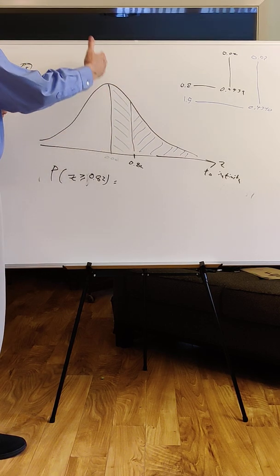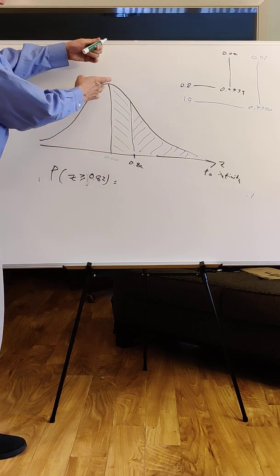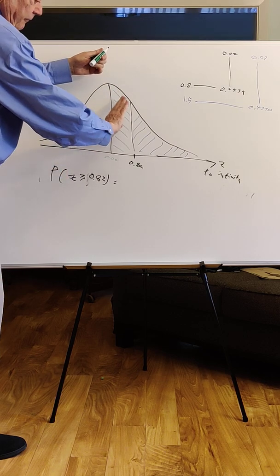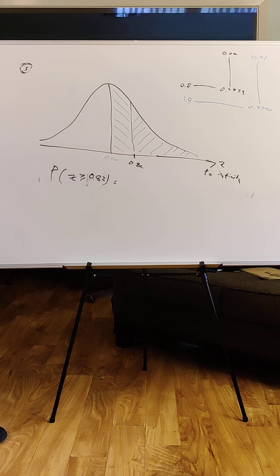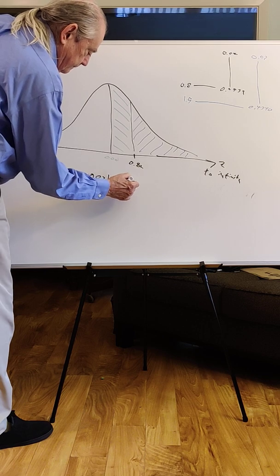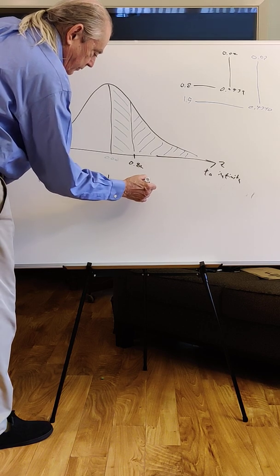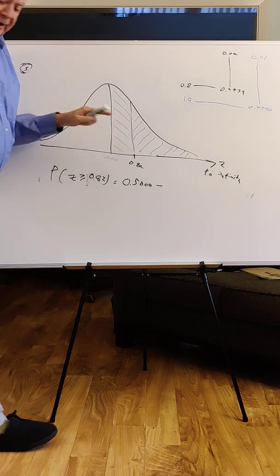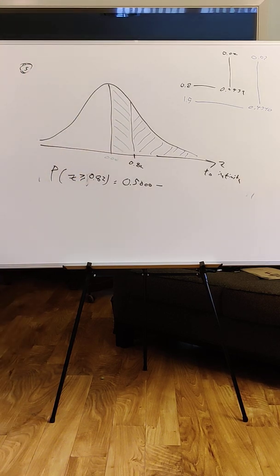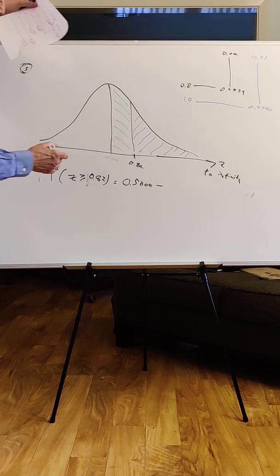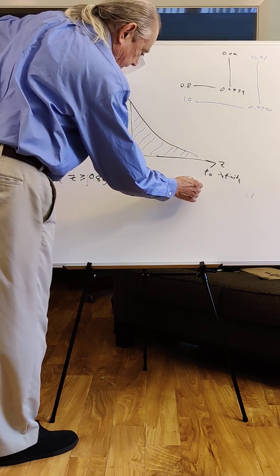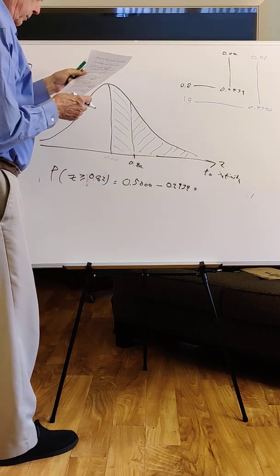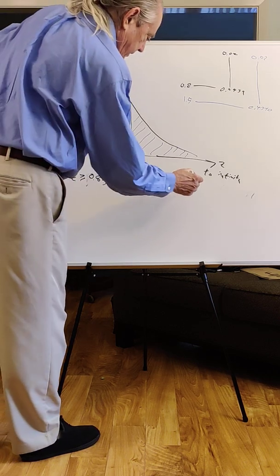I've cut it in half. Remember when we were finding medians, we were doing that. So half of 1 is 0.5000. So the green plus the blue has area 0.5000, but we don't want the green. We want the blue. So we subtract the green area. Well, that goes all the way back to problem 1, doesn't it? So we subtract 0.2939, giving us an answer of I believe 0.2061, if I'm not mistaken.